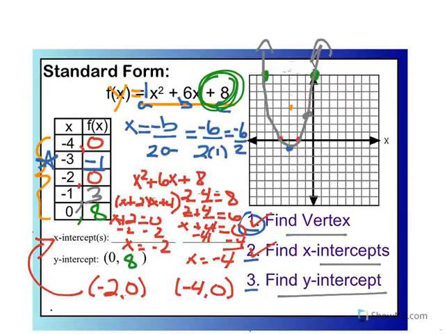That's a lot to take in, but we did take time to find the x-intercepts, the vertex, and the y-intercept. Those are the steps and the points that we need to find for each quadratic function. When you feel you have the table and the graph done, and you've labeled the x-intercepts and the y-intercept, you can go ahead and move on to the next example.